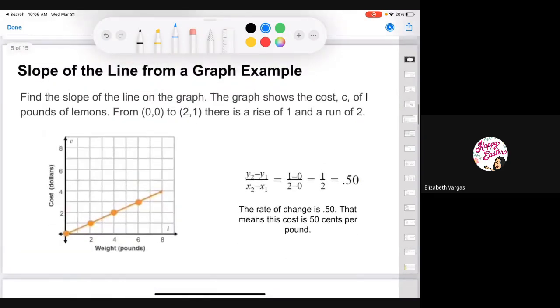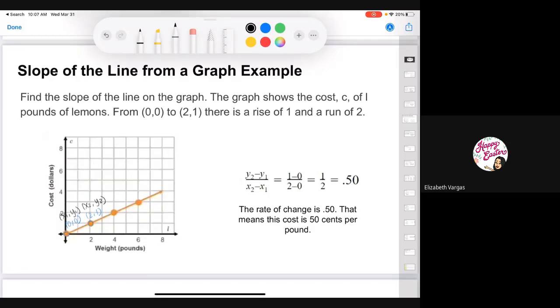So for example, say that we have this graph, and we're asked to find the slope. Well, all we have to do is do the same thing. You just find 2 points on the line. In this one, we use (0, 0) and (2, 1). That gives your x1 and your y1, your x2 and your y2. You plug that into the slope formula or the rate of change formula.